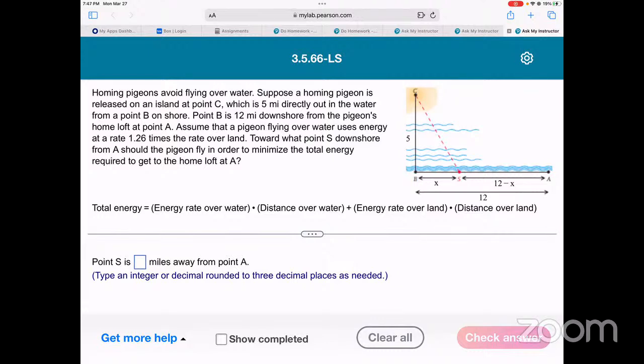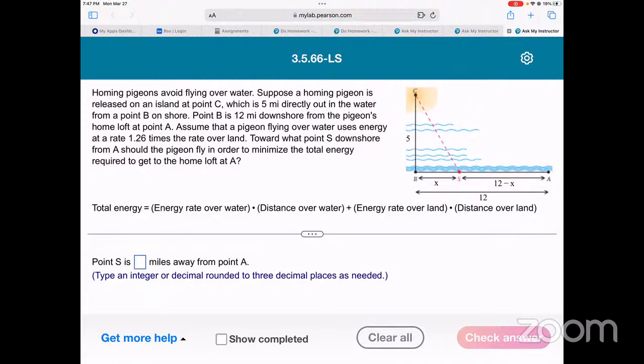So I'm tempted to let the rate over land, oh, that's the distance. Okay, so I'm going to let the energy consumption rate over land just be 1, whatever his energy is.